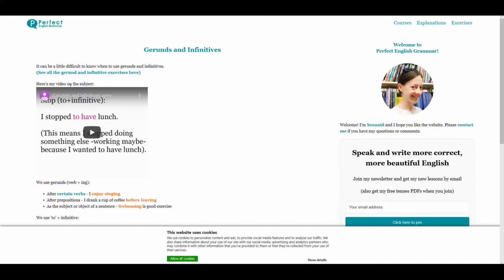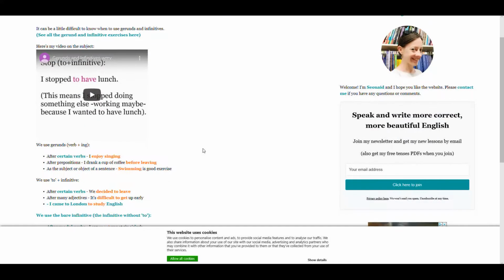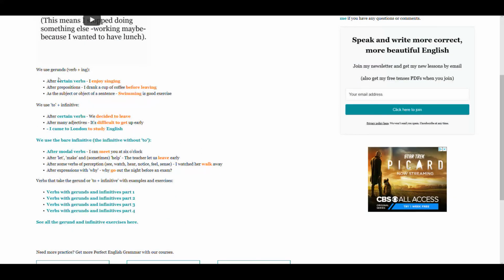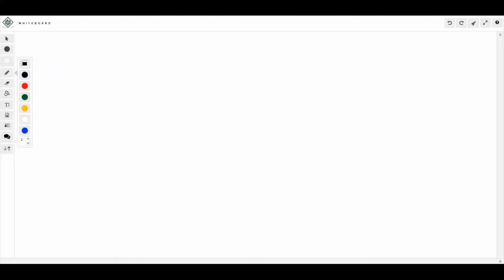A gerund would be your verb plus ing, such as singing, leaving, swimming. An infinitive uses to. That's what I thought. So this would be an infinitive. That's what I was thinking, but I wasn't positively sure.